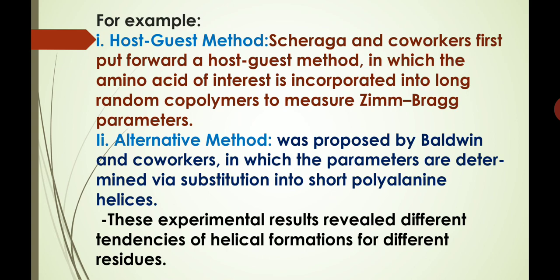Second is the alternative method. It was proposed by Baldwin and co-workers, in which the parameters are determined via substitution into short polyalanine helices. These experimental results revealed different tendencies of helical formation for different residues.